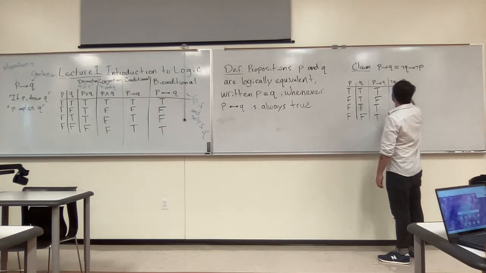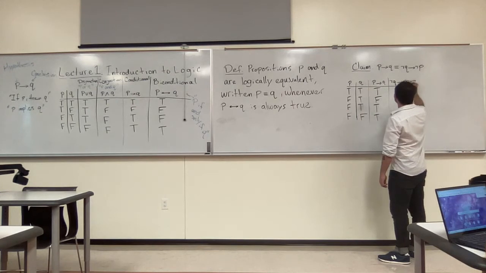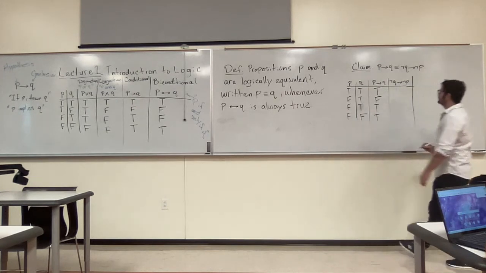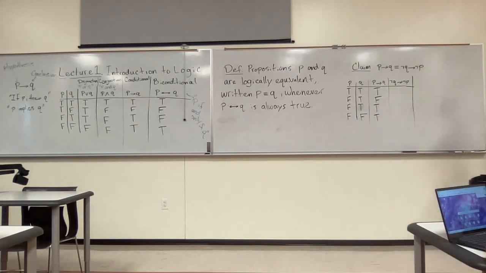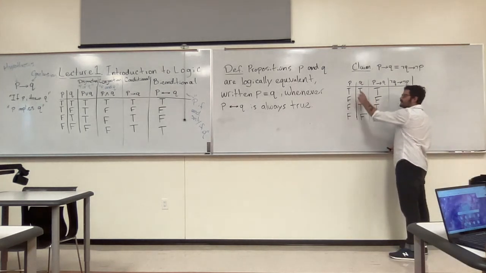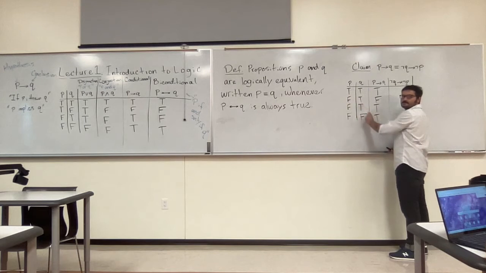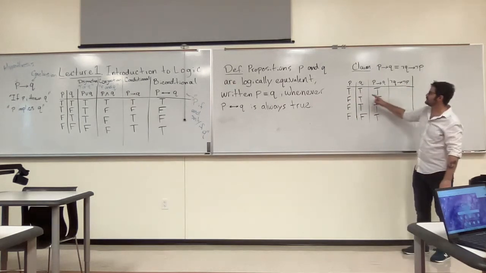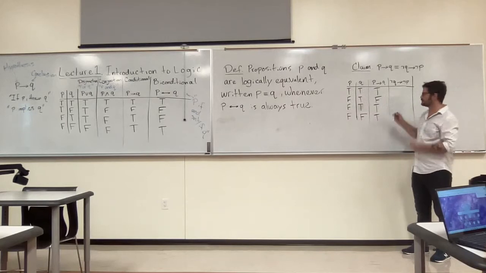And if you look at not Q implies not P, we have to be careful when we fill in this column. Not this implies not that, and so forth. So the first thing would be false implies false, which is true. False implies true, which is true.